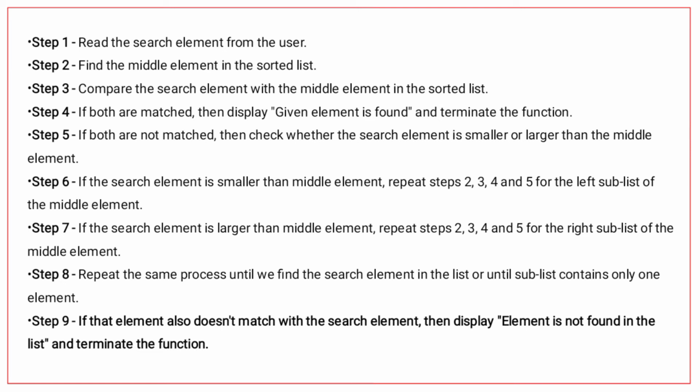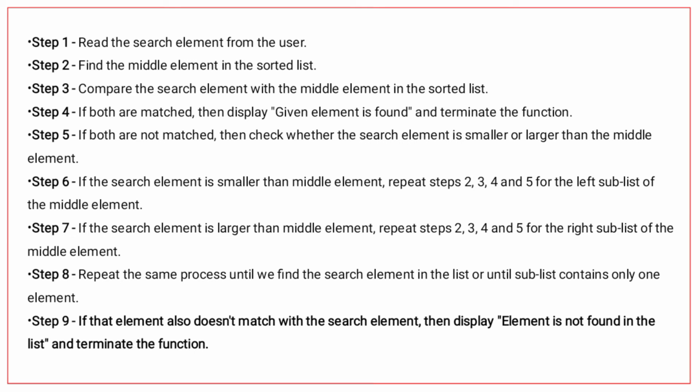Binary search is implemented using following steps. Step 1. Read the search element from the user. Step 2. Find the middle element in the sorted list. Step 3. Compare the search element with the middle element in the sorted list. Step 4.